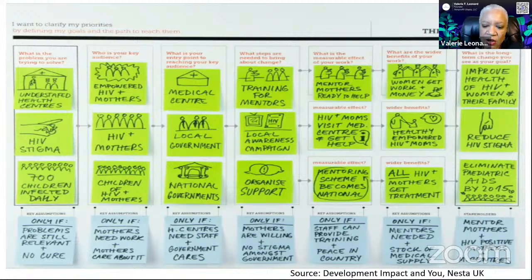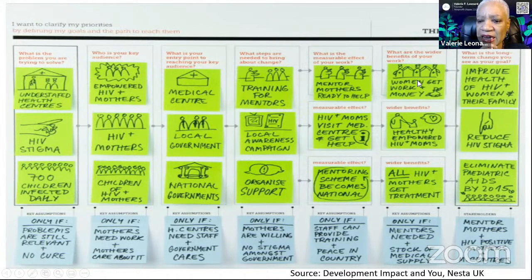And then they can only do this if staff can provide the training and there's peace in the country. All right. So, and I believe that even though this organization is based in England, they were working with a developing country. I believe maybe India.